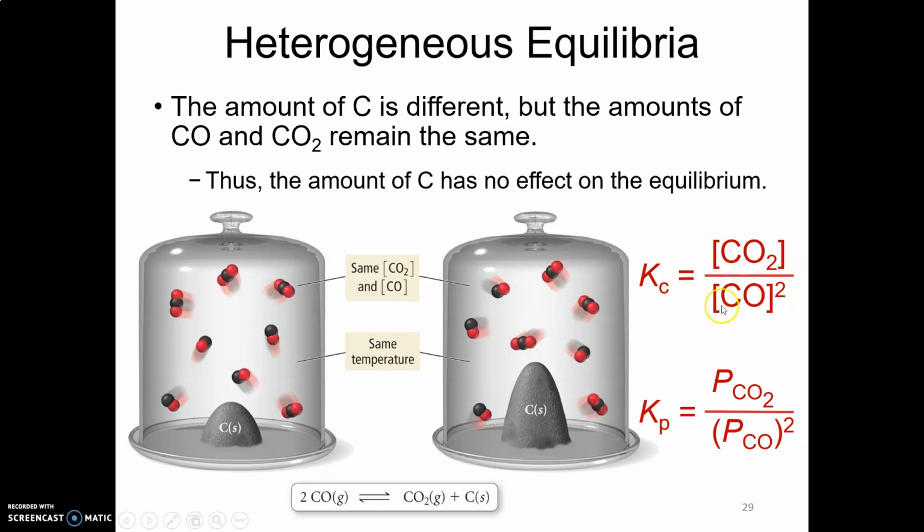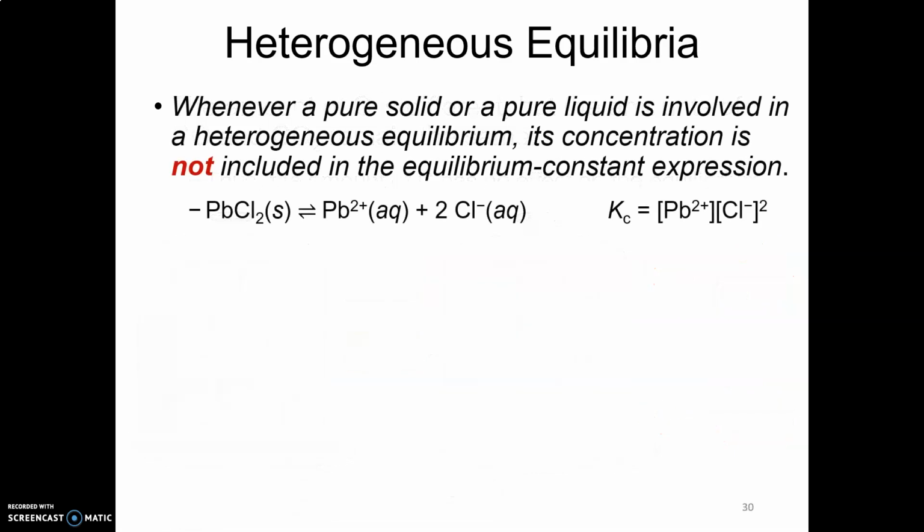So their relationship to one another doesn't change, right? Yes, by adding more carbon, you diminish the volume in which these gas molecules can move around, but you did it for both of them equally. So you didn't affect the equilibria. So the overarching statement: whenever you have a pure solid or a pure liquid in a heterogeneous equilibrium, we do not include them in the K expression, okay?